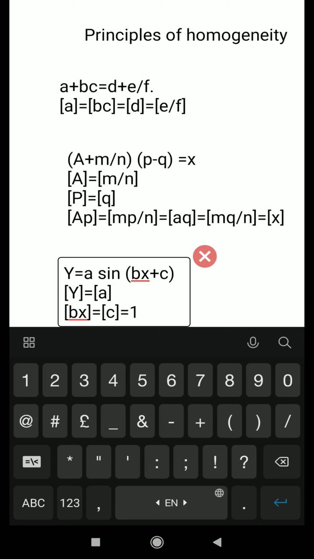But you can't tell that b and x are separately dimensionless. It may happen that b has a dimension of time, T, and x has a dimension of frequency, that is time inverse.